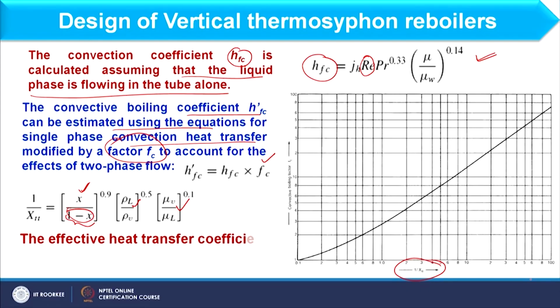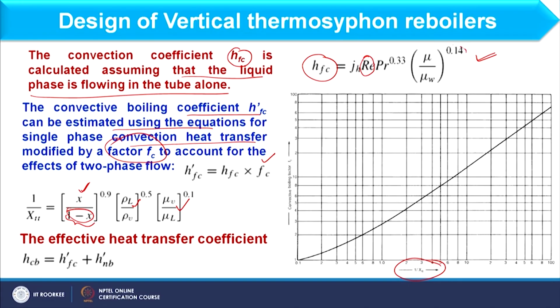So, the effective heat transfer coefficient when the mixture is exiting the reboiler should be equal to HFC dash plus HNB dash. Okay. So, that heat transfer coefficient is available at the exit. Now, what will happen when the fluid is entering the reboiler? In that case, the complete feed is available in liquid form, and there only convective heat transfer will take place.